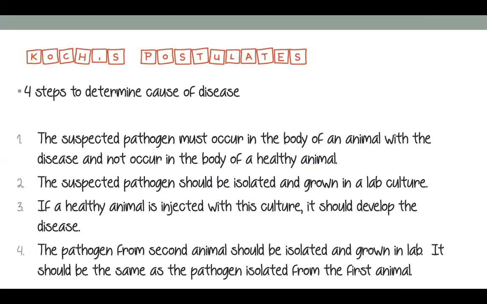And finally, the pathogen from the second animal needs to be isolated, grown in the lab, and it needs to be the same pathogen as isolated from the first animal. We still use this procedure today to identify causes of diseases, so it's been around for over 300 years.